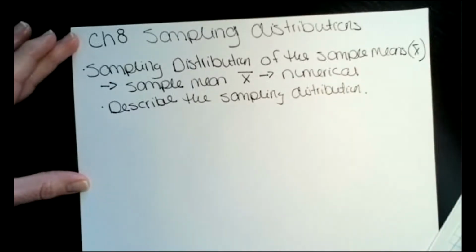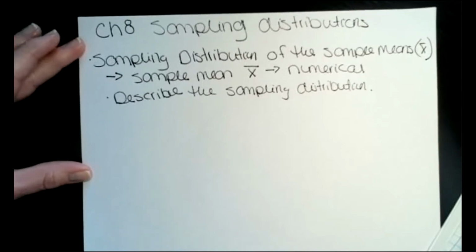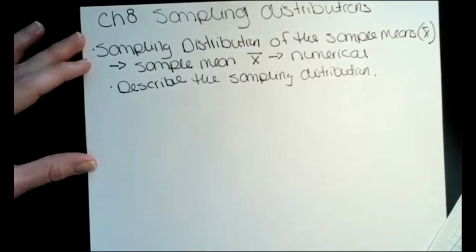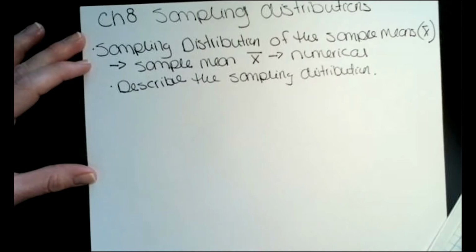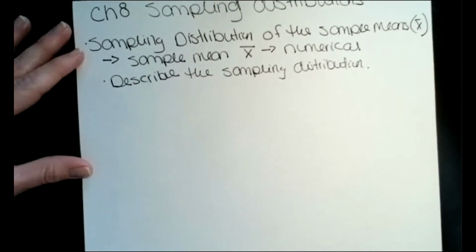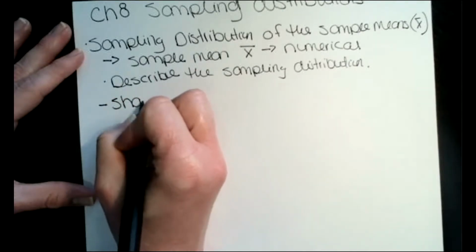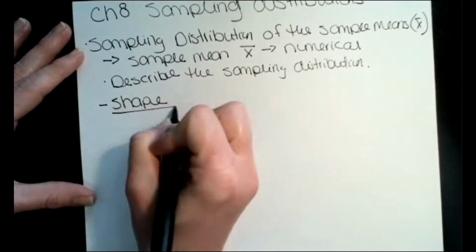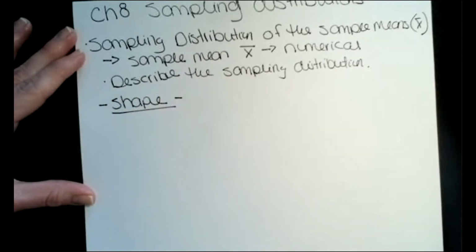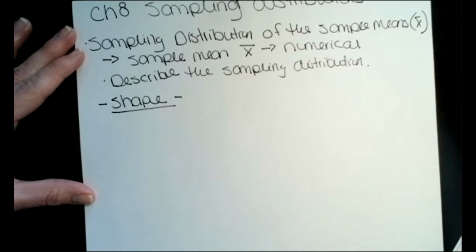And the way we're going to do this is by looking at shape, center, and spread, just like we did last class, and which you probably have done all through step 1. So the first thing I want to look at is the shape. And if you recall back to step 1, when we were looking at the shape, we always wanted to be able to say it was normal, right?